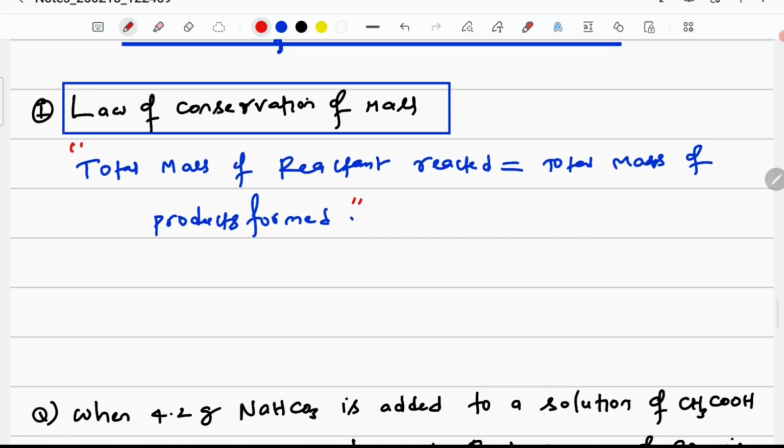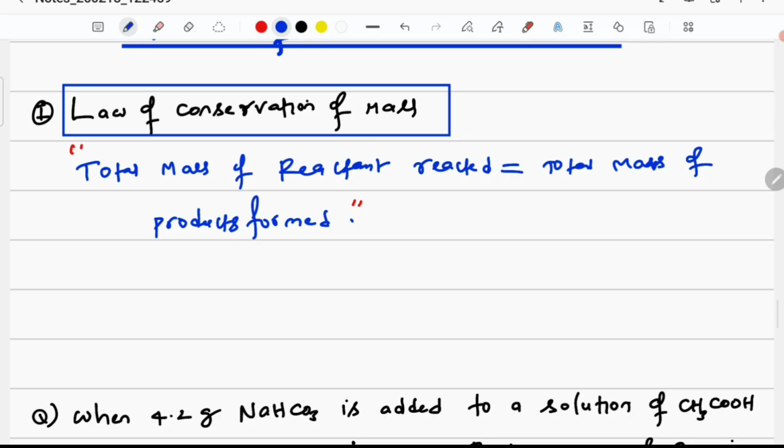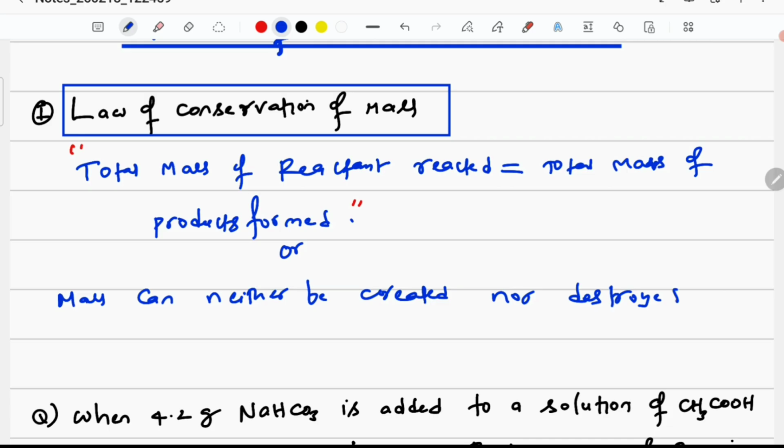In another way, how can you define it? You can write: mass can neither be created nor destroyed, but just changes from one form to another form.